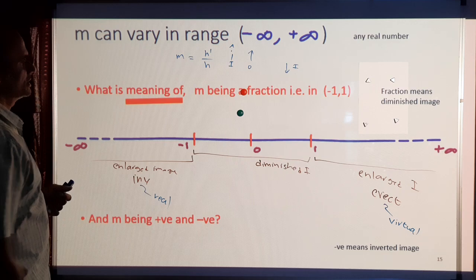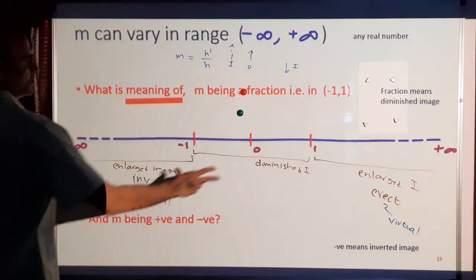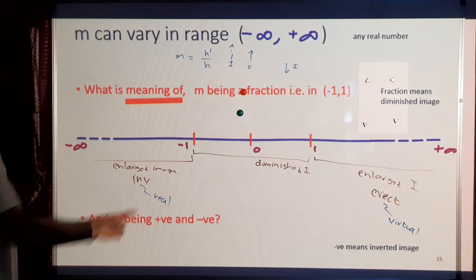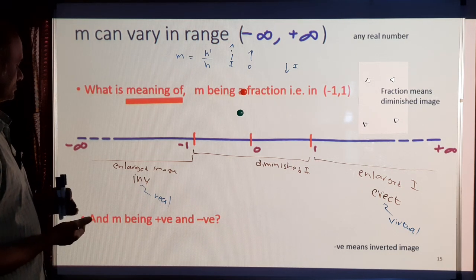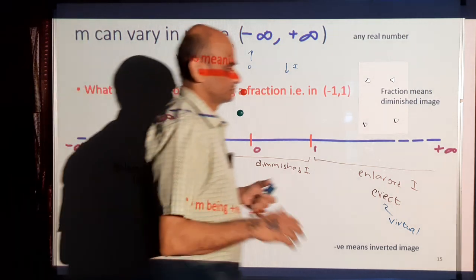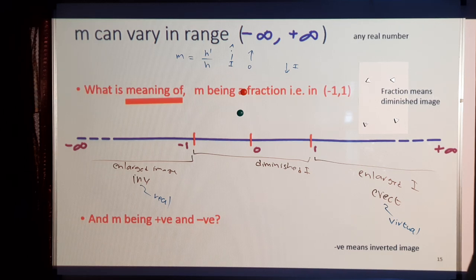Between 0 and minus 1, it's a diminished image, but inverted and real because it's still negative here. And between minus 1 and minus infinity, it's an enlarged image, inverted and real. So magnification being a fraction means the image size is less than the object size. It's a diminished image. And magnification being negative means it's an inverted image.